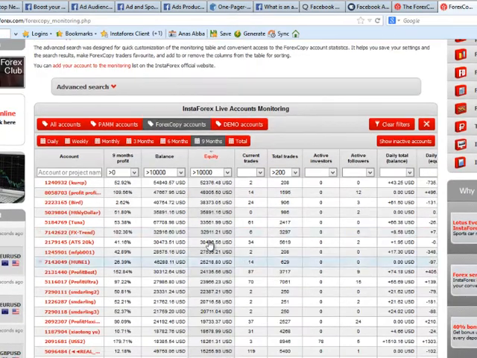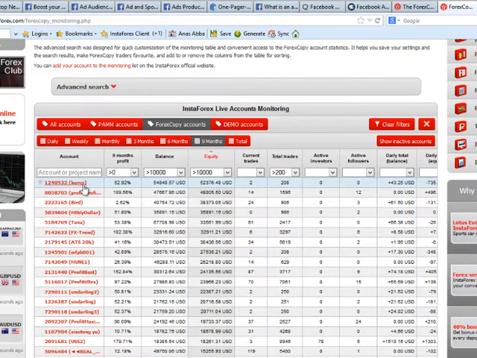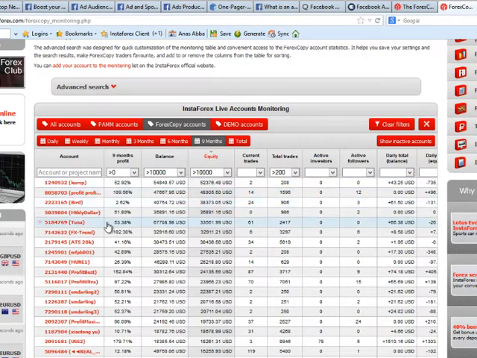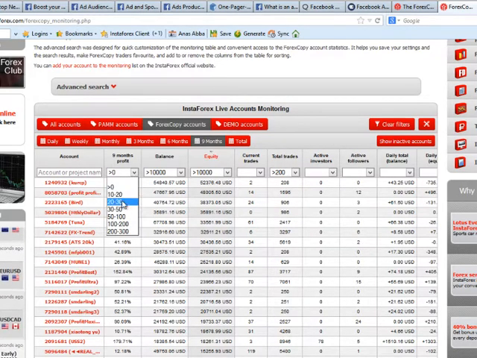Now, the first column is the accounts column, and this column basically just shows you the account number of the traders within the monitoring page. The second column is the profit column, which you can select and filter the profit margin you wish for the traders you wish to copy. Now you can see that we have from above zero up to from 200 to 300%.